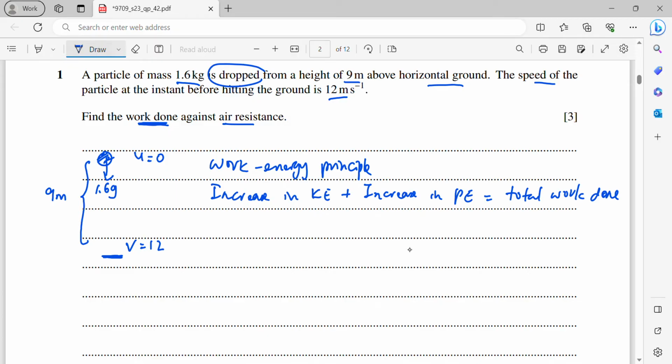Just for your information, the left hand side, these two terms together, is basically the increase in mechanical energy.